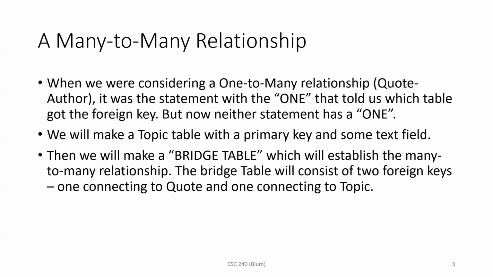So when we said in that previous example, a quote has one author, that told us that the quote table had the author, of which there is only one, as the foreign key. That told us how to design the tables: where to put the foreign key to establish the relationship between author and quote.